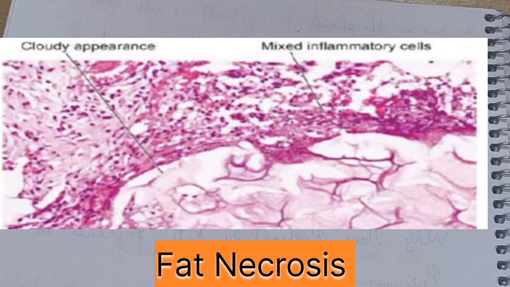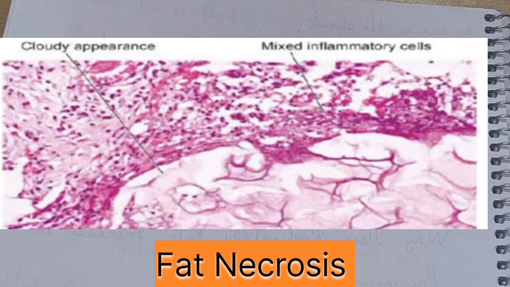Now you can notice that in this case, normal tissues or cells are not seen, only necrotic cells are seen, and along with necrotic cells, inflammatory cells. But here you should remember that no normal cells are seen, therefore a junction between normal and necrotic cells is also not present.